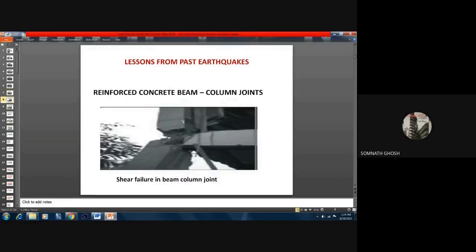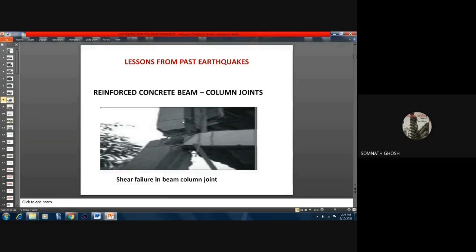Now, you see, this is another shear failure at column beam joints. It's very, very important. When you will be learning this in detail, and when you will be learning IS 13920 and how the column joints are to be detailed to achieve a certain level of ductility, then you will be able to appreciate better.